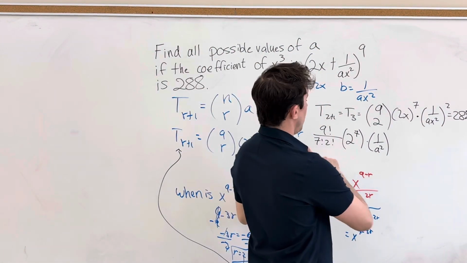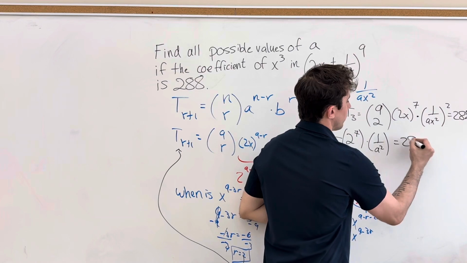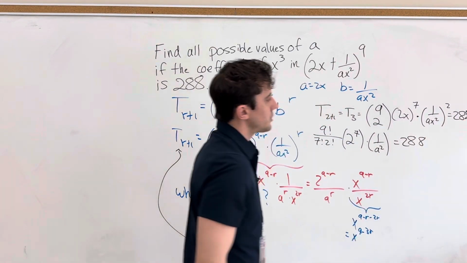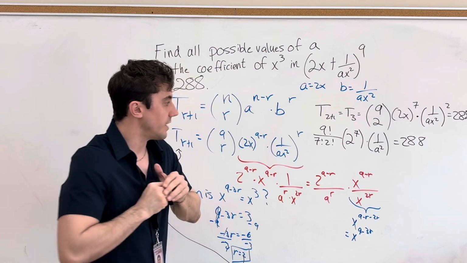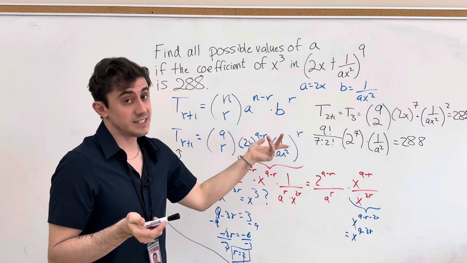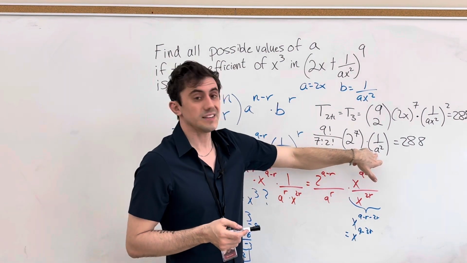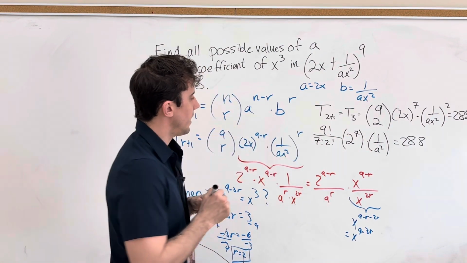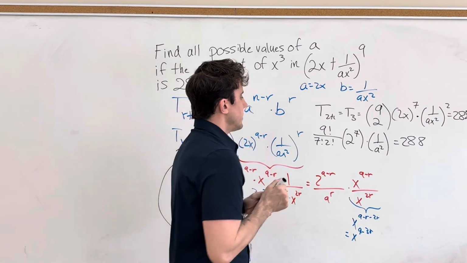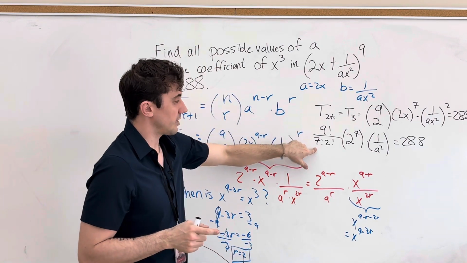And so all of this must be therefore equal to the coefficient on the right-hand side, which was established in the beginning as 288. And now this is an equation. The only unknown is a. Let's algebraically solve for it. So 9 factorial over 7 factorial, 2 factorial. That means the 7 factorial will cancel out.